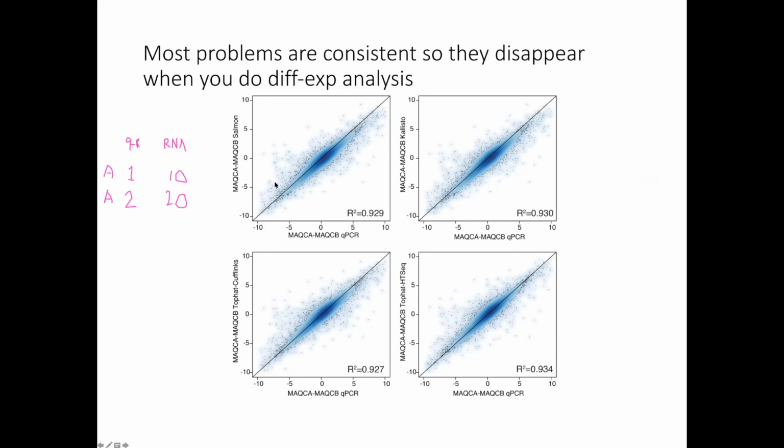So when you now start comparing what are differentially expressed and how they are differentially expressed, and you look at that correlation instead, then you get these numbers. And then you see that there is almost perfect correlation. So independent of what method you're using, you're getting very similar results on what are differentially expressed.